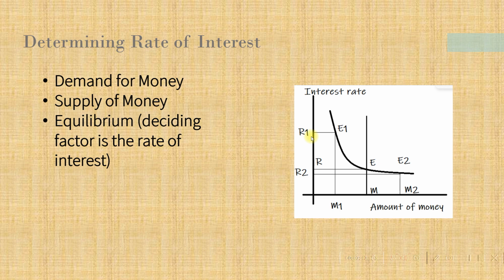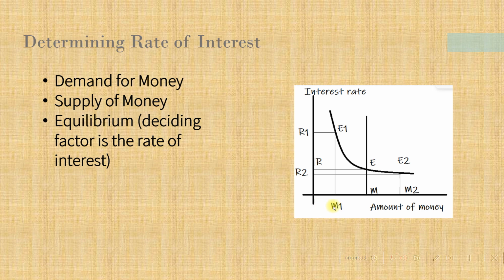The ideal explanation is, when the supply of money is greater than the demand for money, the rate of interest will decline so that the equilibrium rate of interest is established at a new value. Similarly, consider when the demand for money is greater than supply of money. If you take M1, the demand is more.